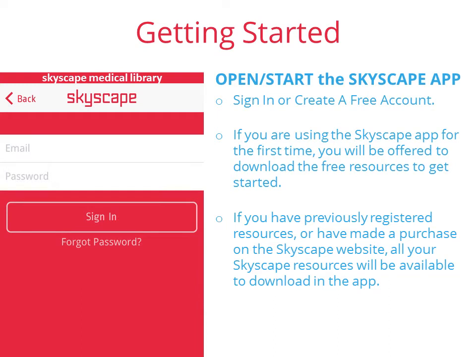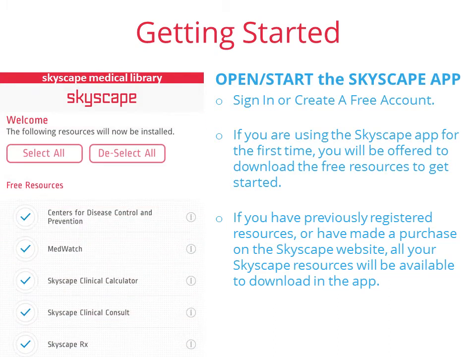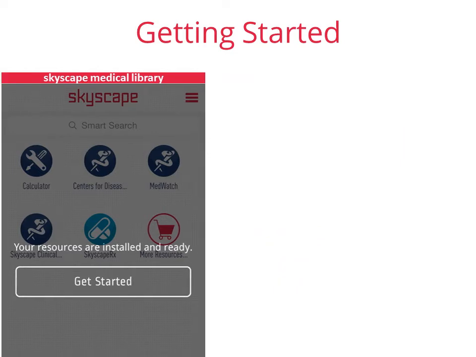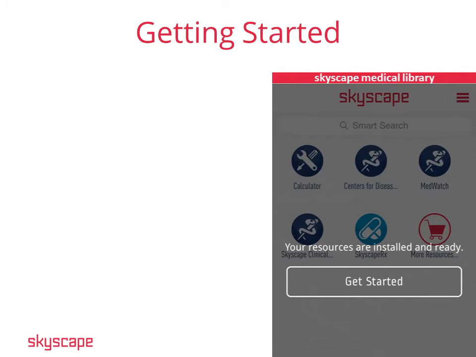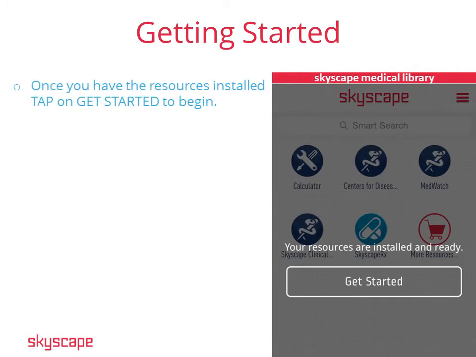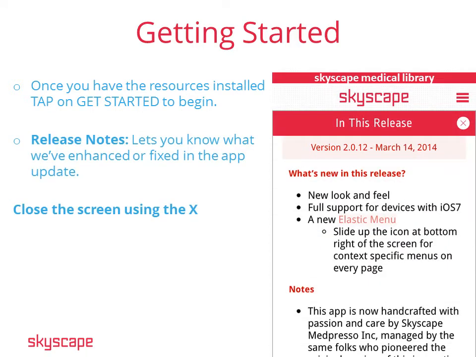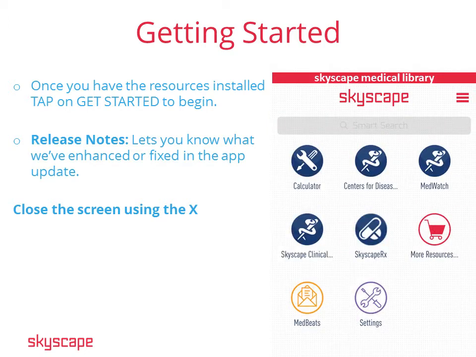If you have previously registered resources, or have made a purchase on the Skyscape website, all your Skyscape resources will be available to download in the app. Once you have the resources installed, tap on Get Started to begin. The release notes let you know what we've enhanced or fixed in the app update. You can close the screen by tapping on the X.